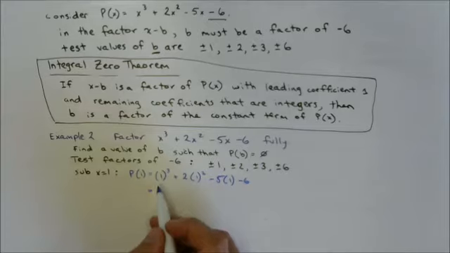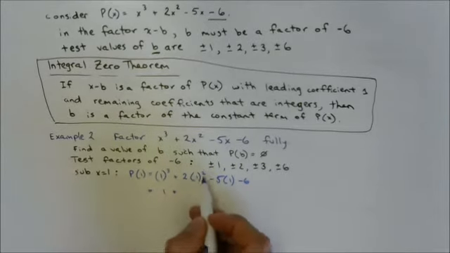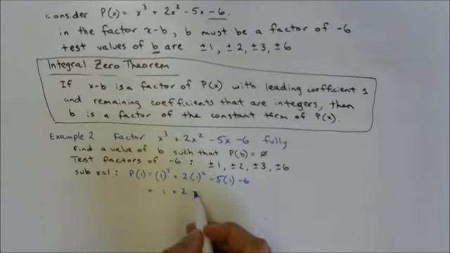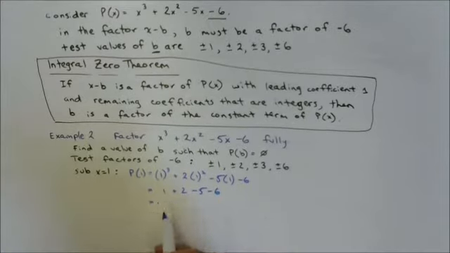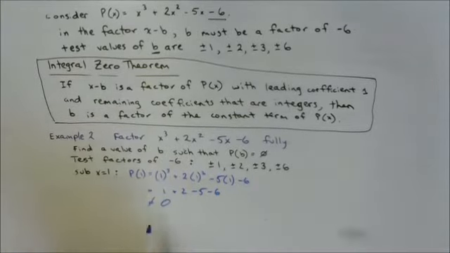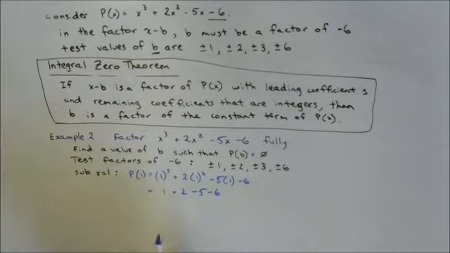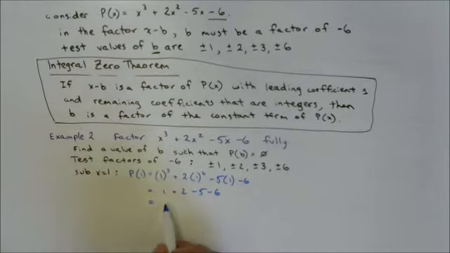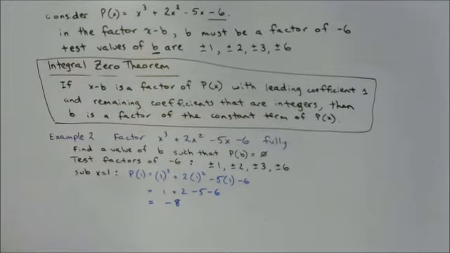So we've got 1 cubed, that's 1. We've got 1 squared times 2, that's 2. We've got -5 minus 6, that is not 0. Once I'm doing this in my practice problems and I know it's not 0, I'm just going to go not 0, not equal to 0. Then I'm done. I don't have to think about it anymore. It's obviously not 0. For the sake of this practice problem, that's 3, take away 11, that's -8, which clearly isn't 0.